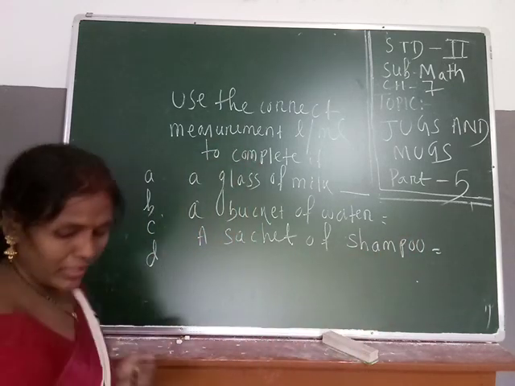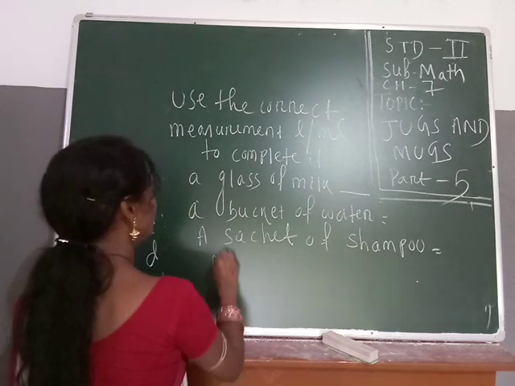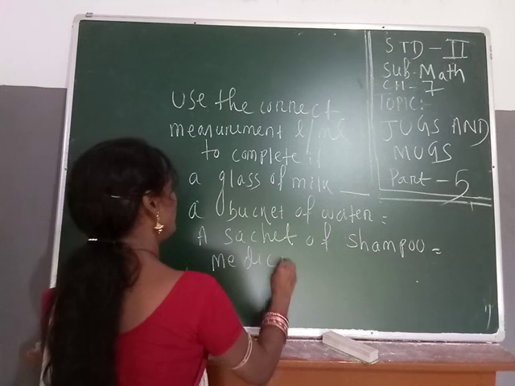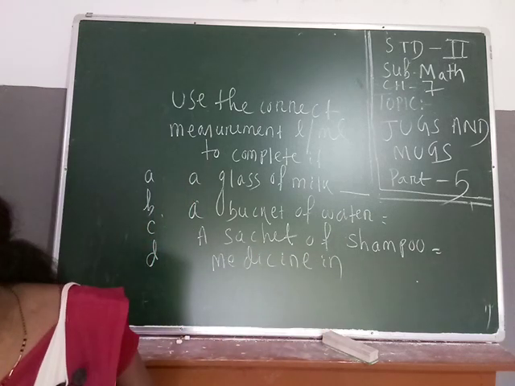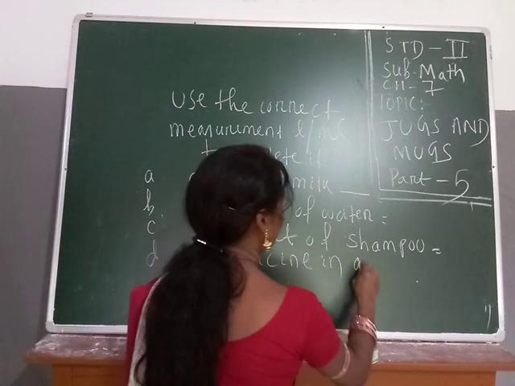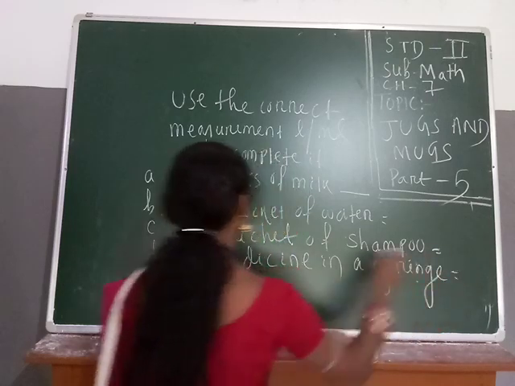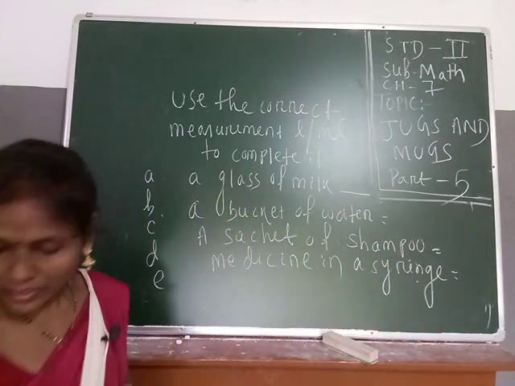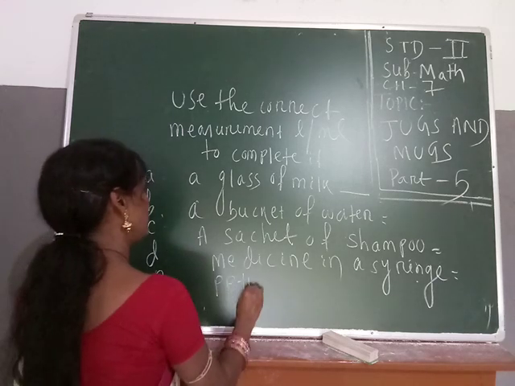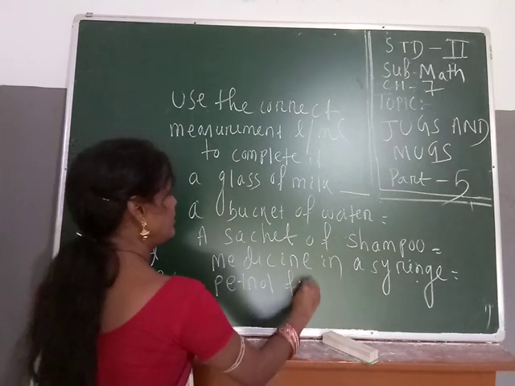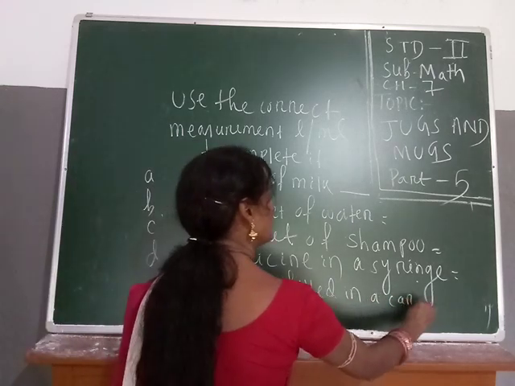Next, number D, we will write, that one is medicine in a syringe. Okay, next number E, we will write petrol filled in a car.